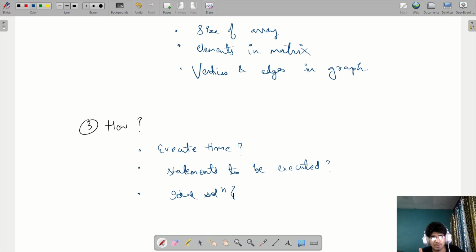For example, if I'm running a game on a very high-end PC, and at the same time I'm running that game on a very old computer, I definitely can't say that this particular application is really slow, because the problem was not with the application or the code, it was a problem with the machine. So execution time is not really a very good measure, because it can depend on the computer.